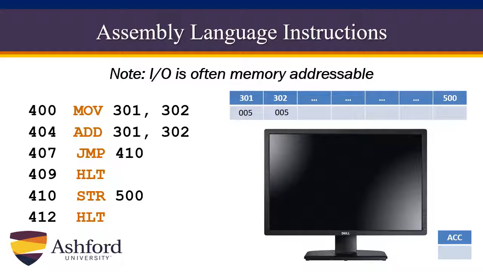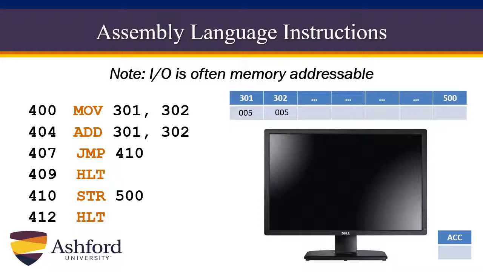Then the program counter, which is keeping track of this, by the way, is going to advance us now to memory location 404. And that's because 400 is the move command, 402 is the 301 operand, and 403 is the operand 302. 404 is our next command, our opcode add.